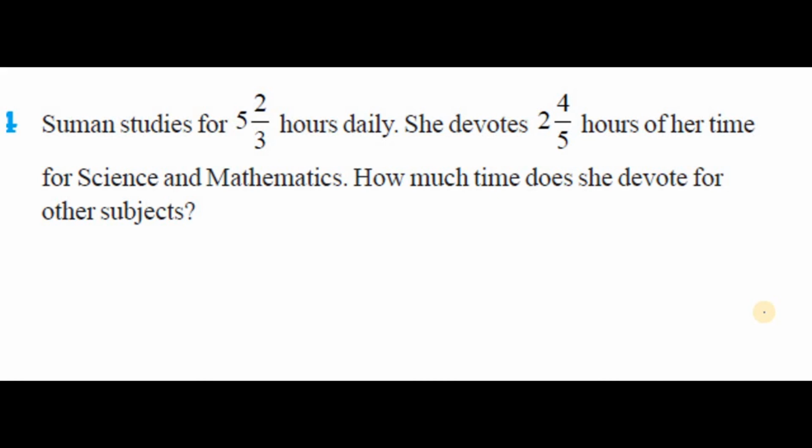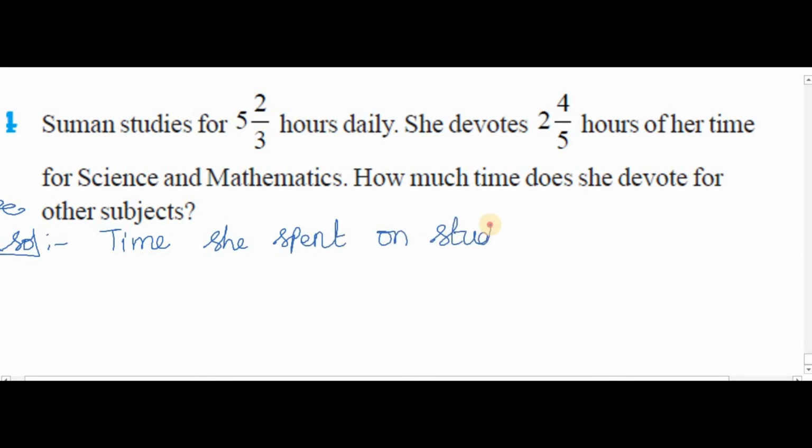So before starting that, we will start doing the solution with the steps. Okay. Fraction of time she spent on studies. Time she spent on studies is equal to 5 2 by 3 hours.